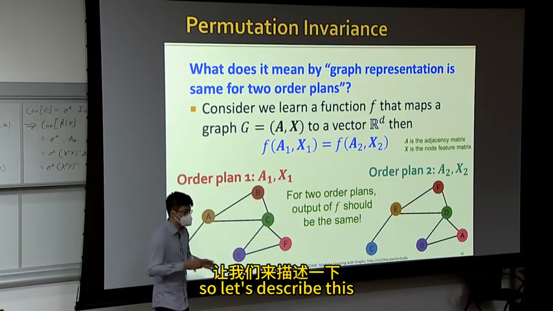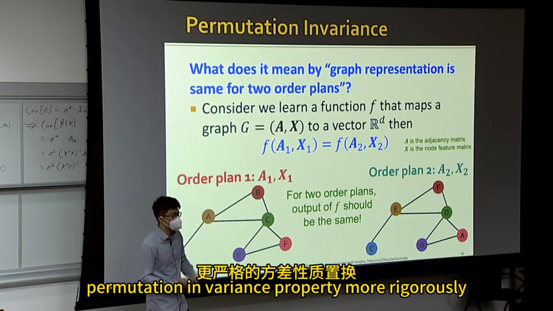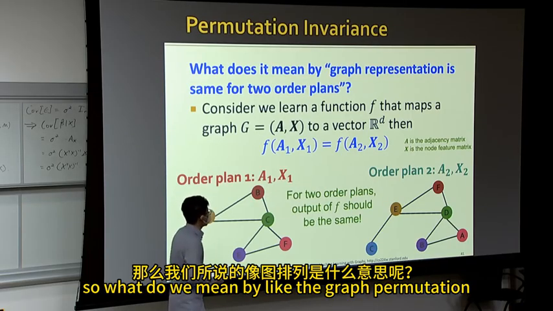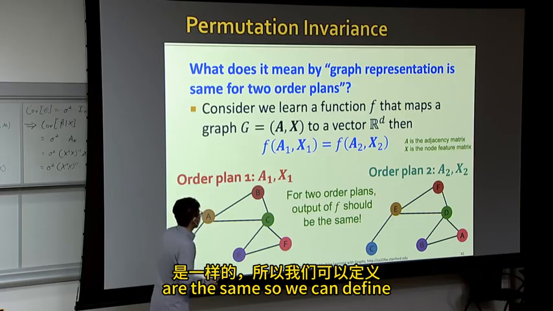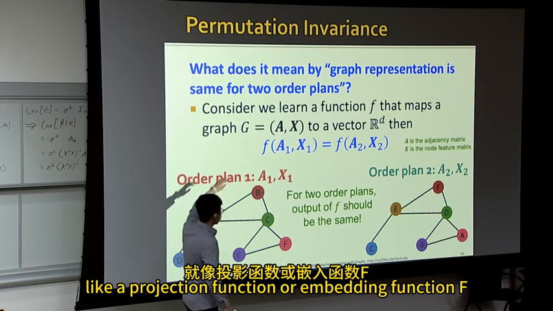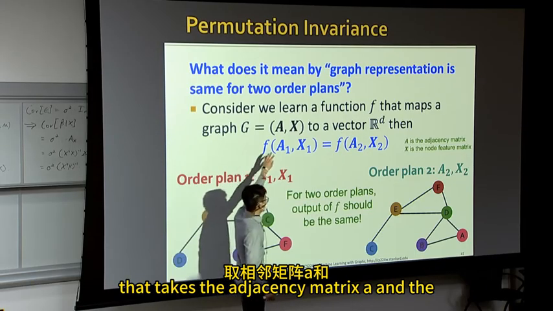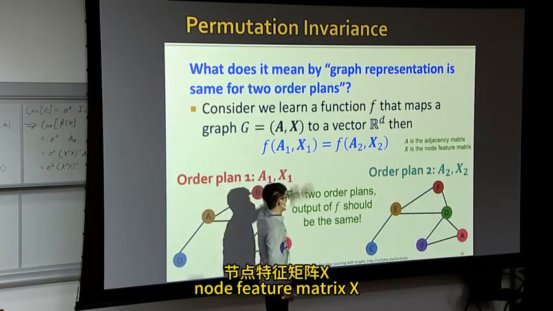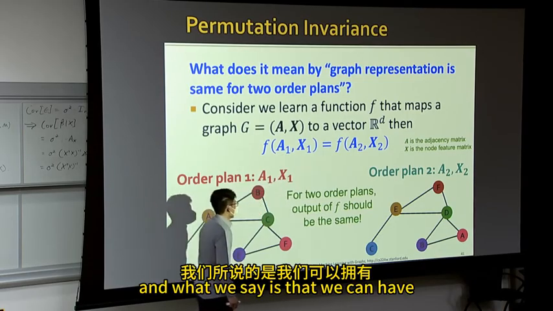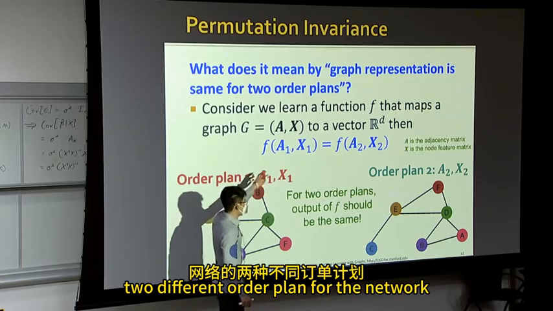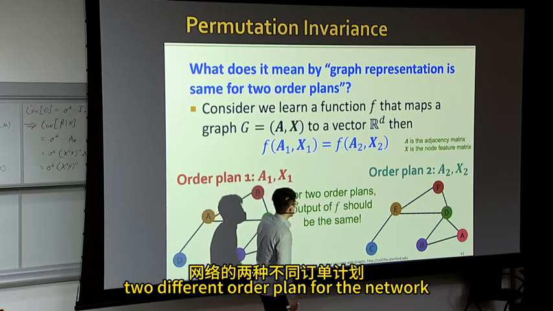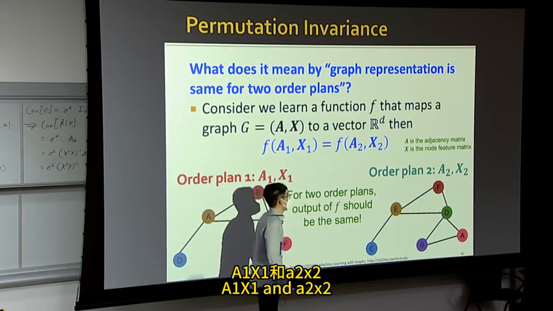So let's describe this permutation invariance property more rigorously. What do we mean by the graph representations being the same? We can define a projection or embedding function f that takes the adjacency matrix A and the node feature matrix X. We can have two different order plans for the network, A1, X1, and A2, X2.